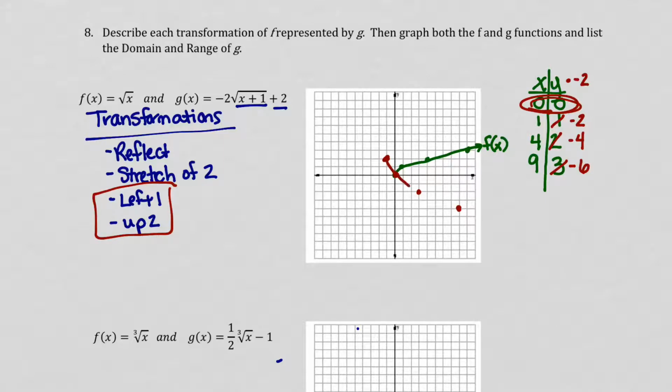So this one, my g of x, is right there. Now for the domain and range of g of x: my domain looks to me like it's going to start at negative 1 and go forever to the right. And that range, it's starting from the bottom, that's where the arrow is, so it's negative infinity, and it goes up to 2.